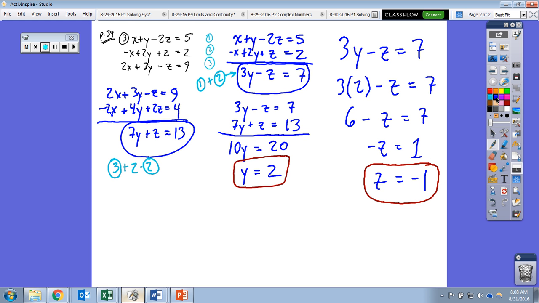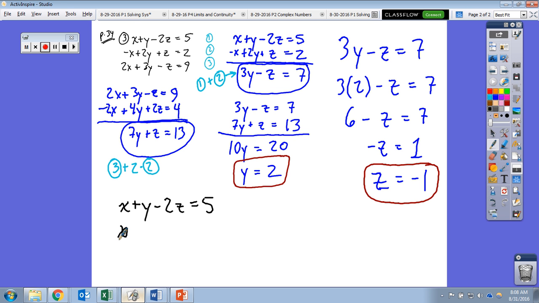All right, and then last but not least, x. It shouldn't matter which of the 3 original equations I plug these 2 values into, I should have the same value for x. I'll just pick the first one. It's pretty straightforward. So x plus y minus 2z equals 5.